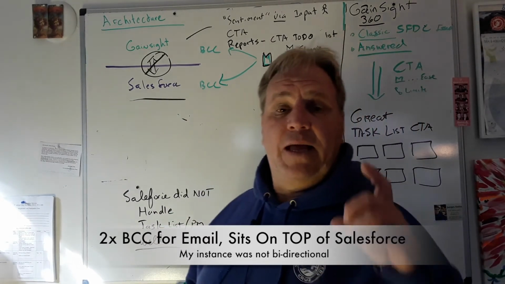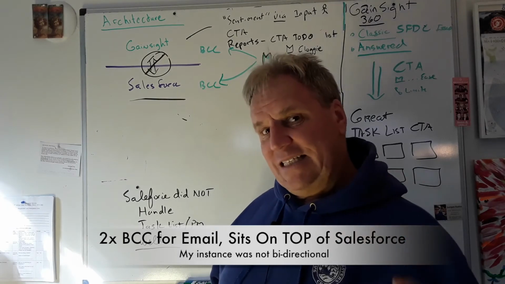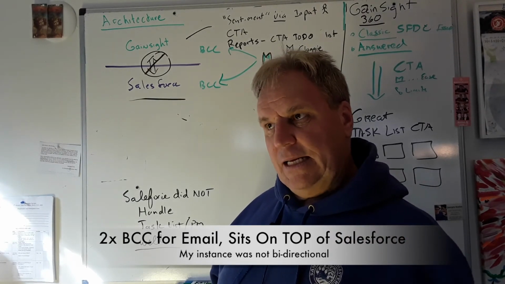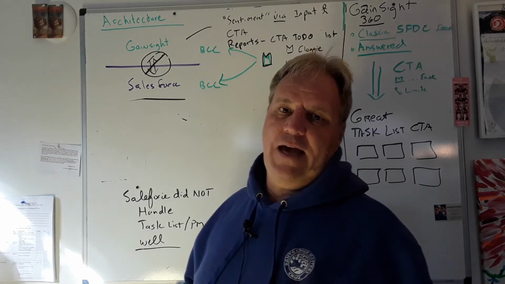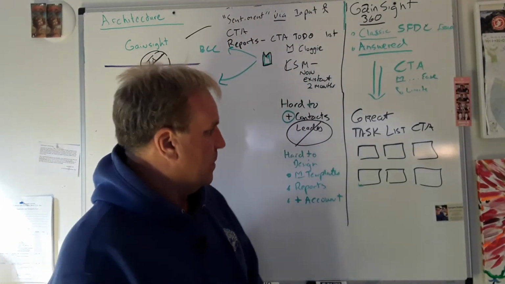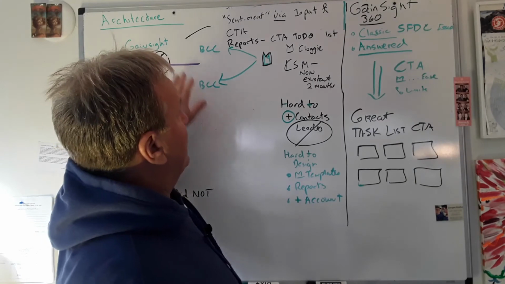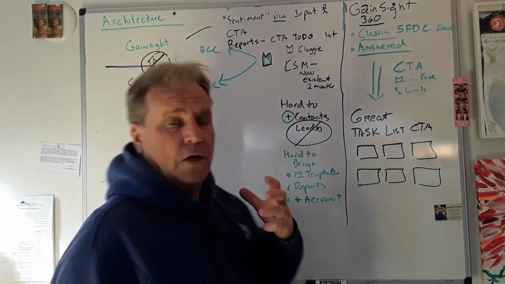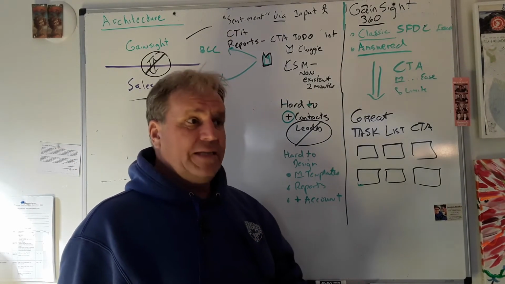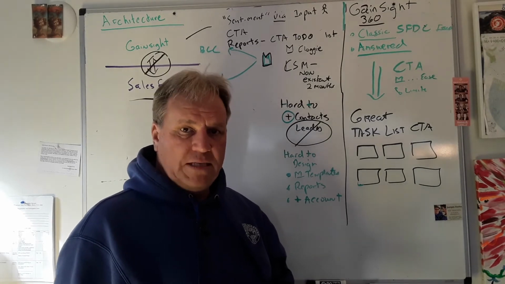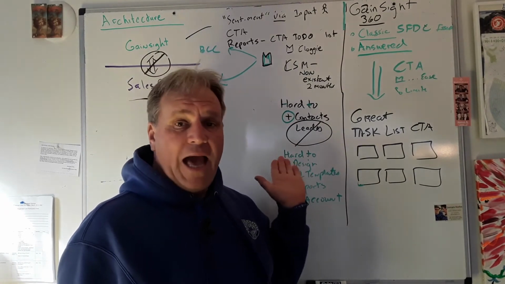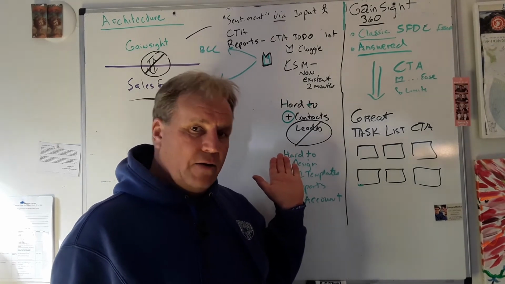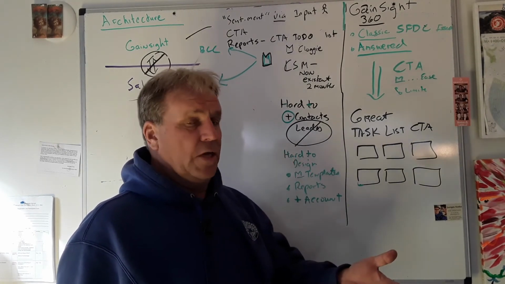It sits on top. And it sits on top of Classic. It doesn't sit in the Lightning layer. The Lightning layer gives you a huge architectural advantage, right? So it sits on the Classic. And the other thing was it's a call to action, you know, basically a list management piece of software. And I found it to be very hard to add a contact and account to my designated things to change the report.